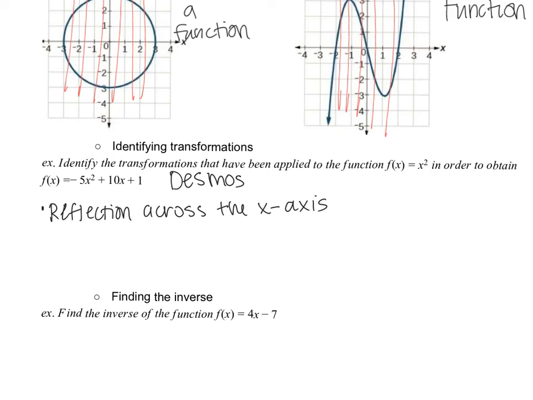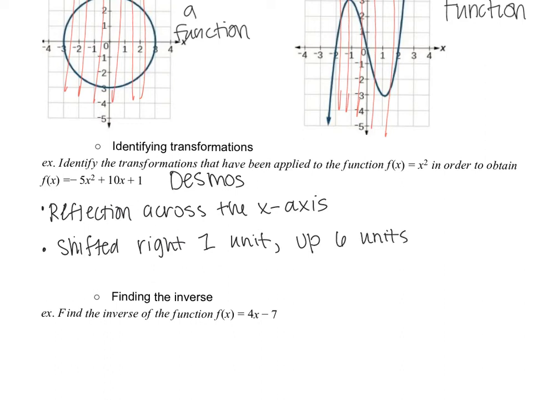I also noticed that the vertexes aren't in the same place, which means there's been some type of translation. So my original vertex is at (0, 0). My new vertex is at (1, 6), which means we have shifted right 1 unit and up 6 units.